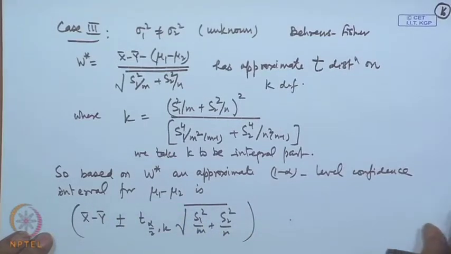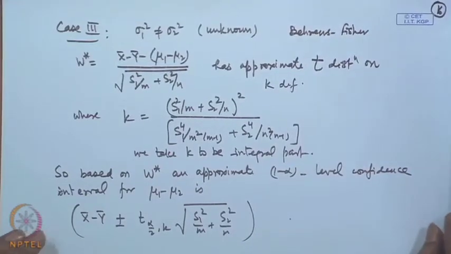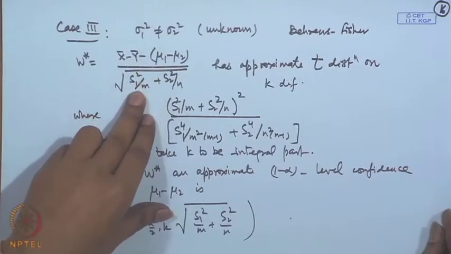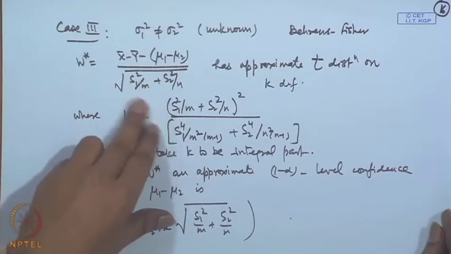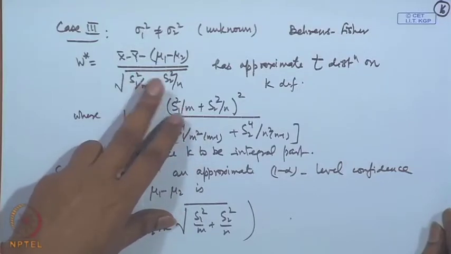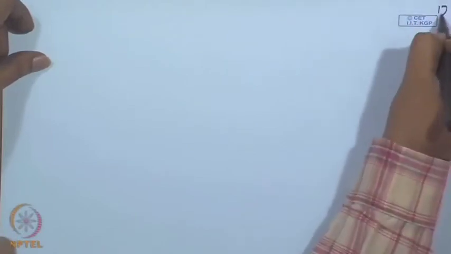Now, another interesting case is when the number of observations is the same and there is some sort of pairing. If there is a pairing here, then like in the paired test, we had considered the quantity x bar minus y bar divided by the standard deviation based on the variance of the differences. So, let me consider that situation also.